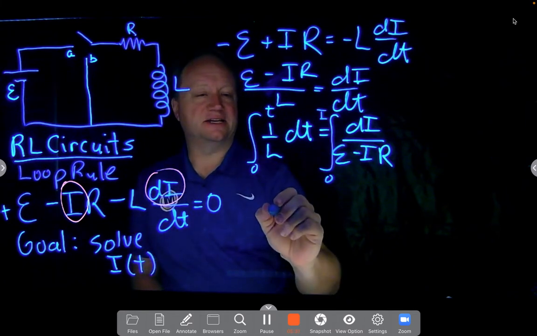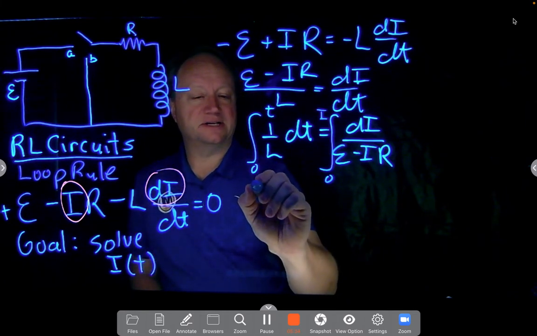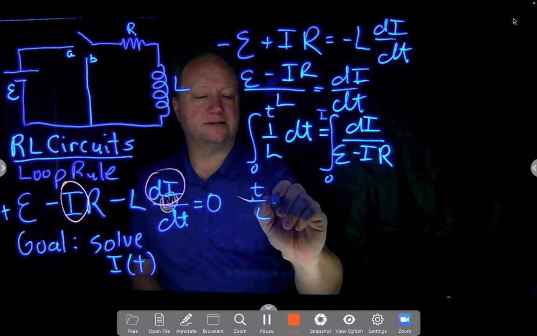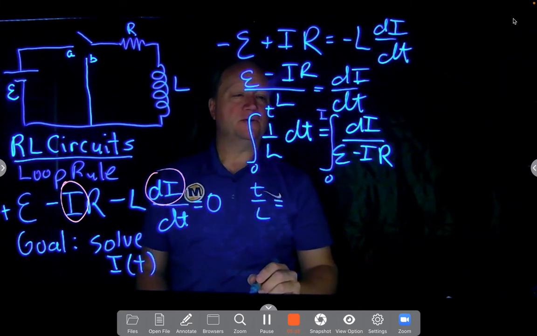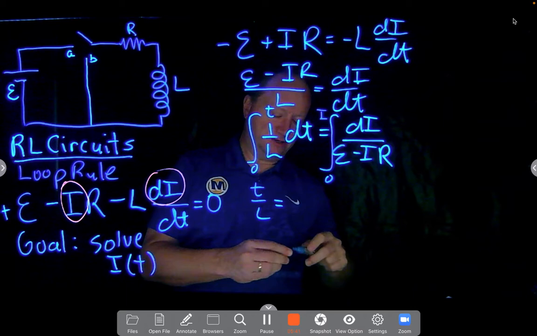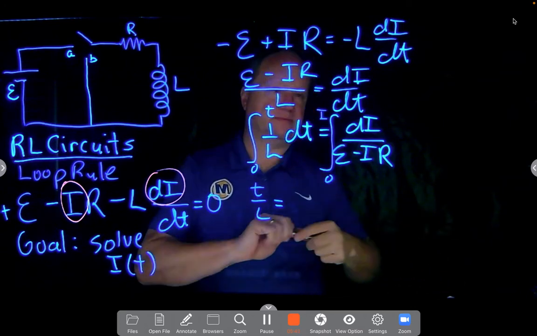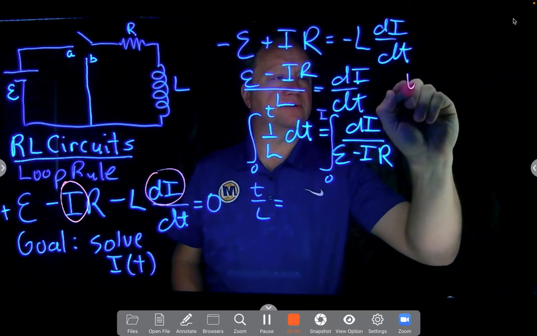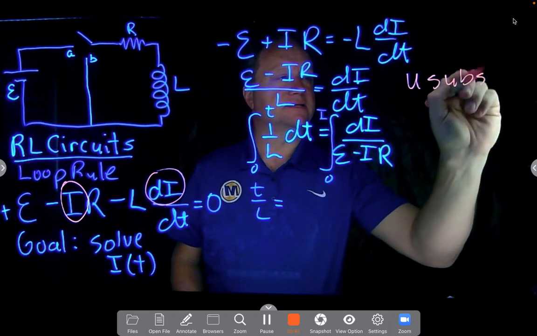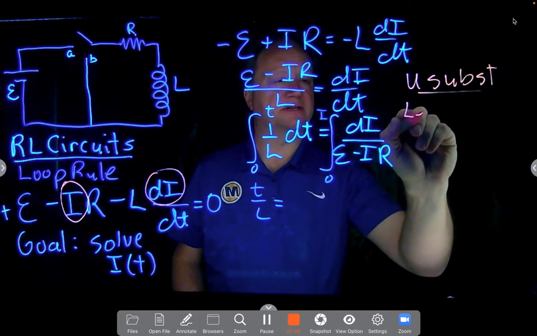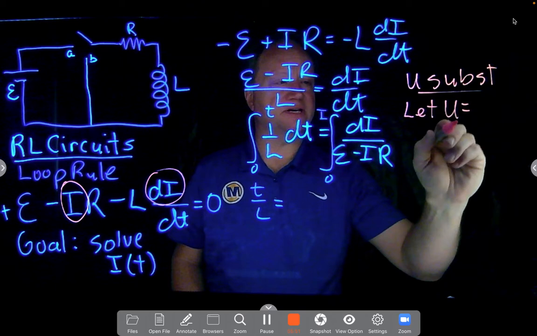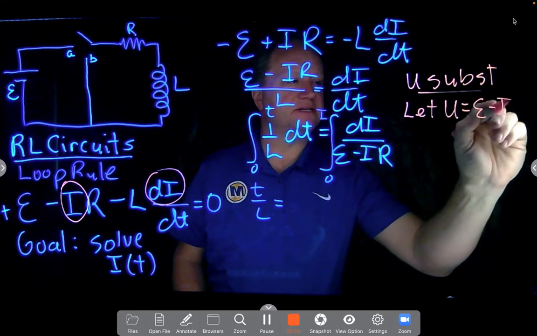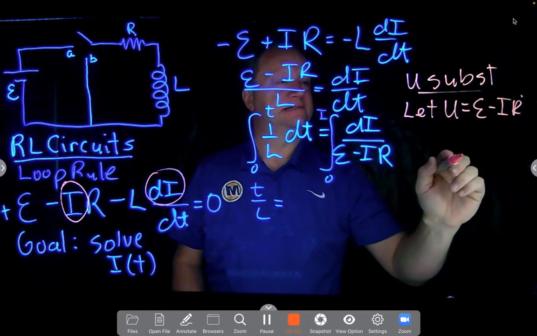On the left side, if I integrate, I'm going to get t over L. On the right side, we're going to have to do u substitution. So if I look at doing u sub, I'm going to let u be equal to E minus IR.